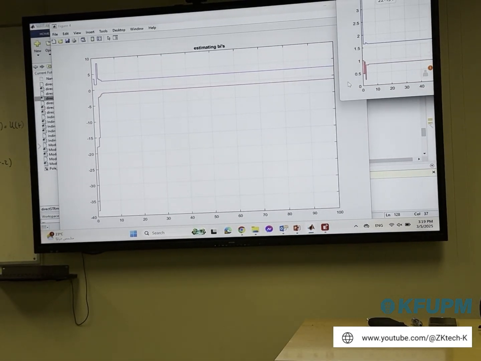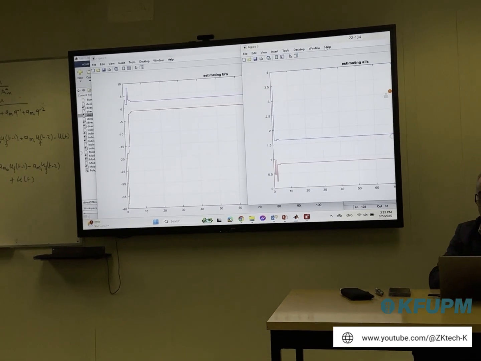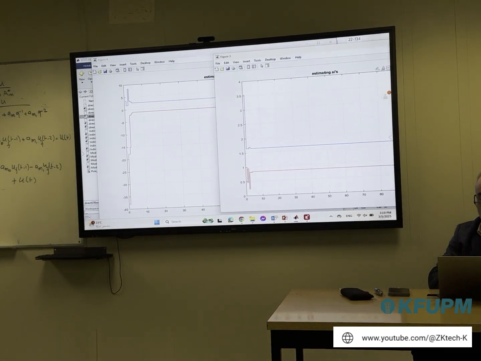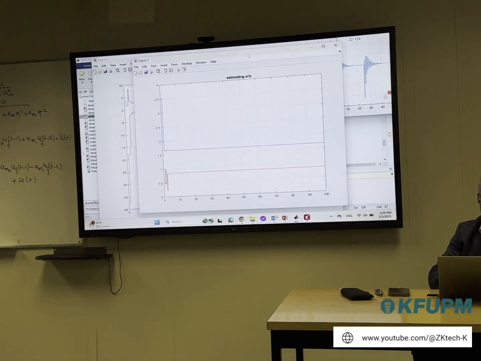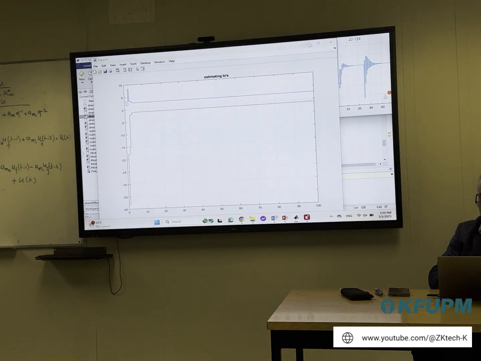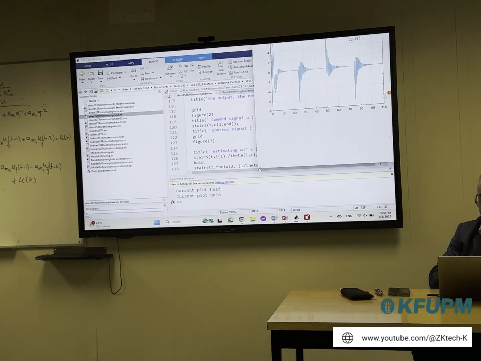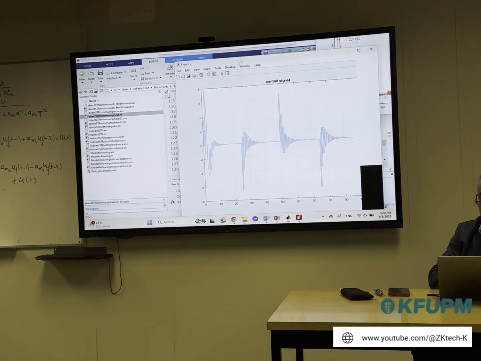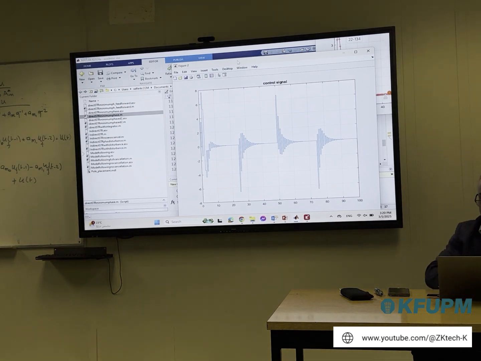These are the values of S0 and S1, also well defined. Don't look at the values, because this is the same code that I used from the previous algorithm. So we are not identifying A and B, we are identifying R tilde and S tilde. And from here you can see the controller is exactly the same as we had before, with the same ringing.